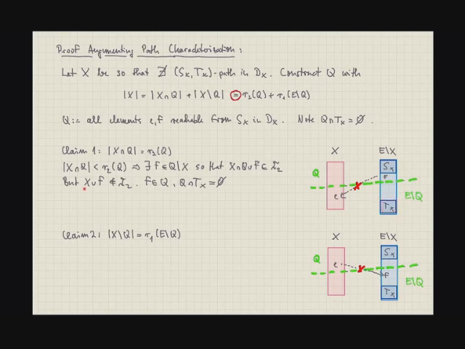Now, since this is a dependent set, it contains a circuit. So the circuit with respect to matroid number 2 that I get when I take X and add the element F, I claim that this circuit contains an element E, where E is from X but not in Q. Why is that?